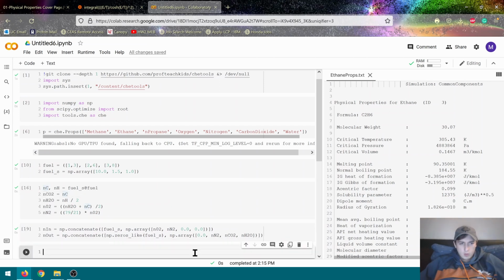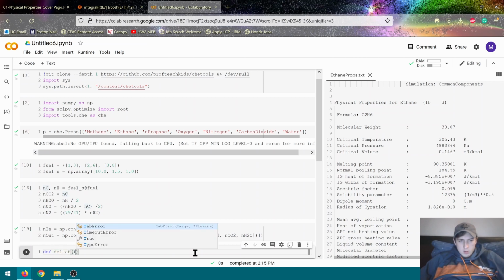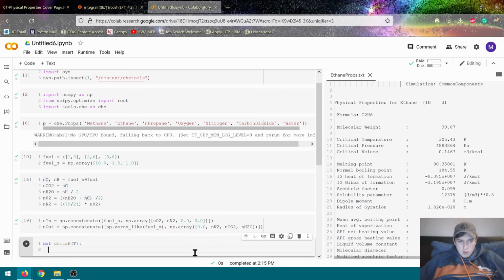Okay, so next we're going to want to bring in the formula that we previously solved for using Wolfram Alpha. We're going to define our function, delta H with respect to P, and we're going to return the actual formulas that we derived.